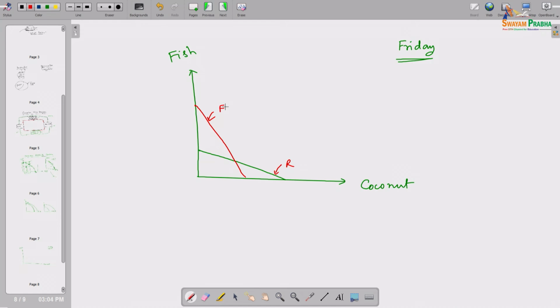Now, these two separate production possibility frontiers, Robinson's and Friday's, will be straight lines only, because it is the same quality of labor, and you are allocating it between the two commodities, either coconut or fish.